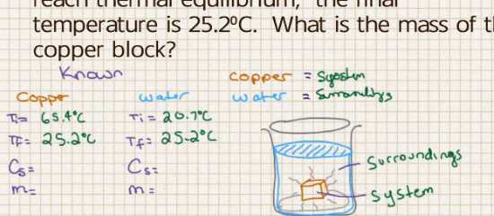Now, when we're looking for the specific heat capacity of water and copper, it's a standard number, so you could look it up online or in your textbook. The number that I get for water is 4.184.